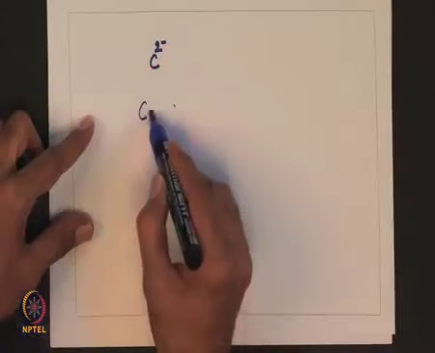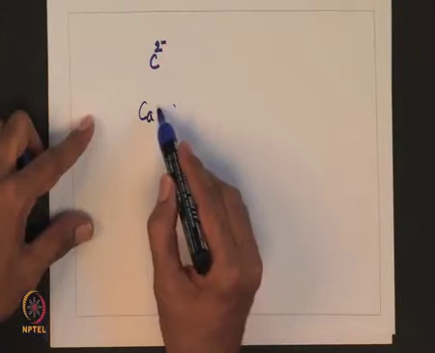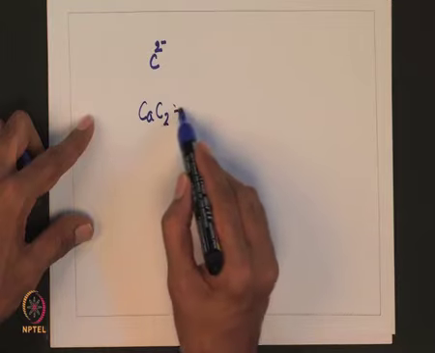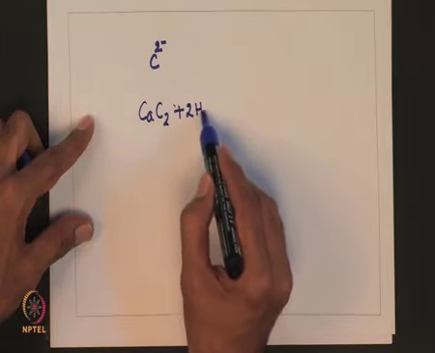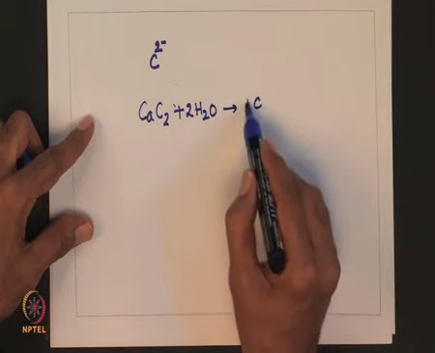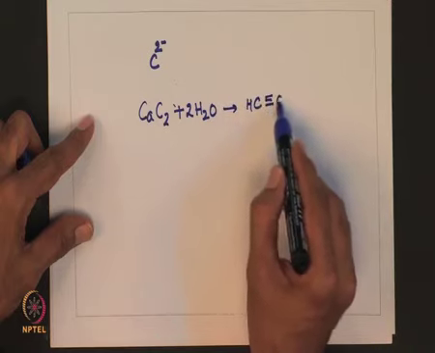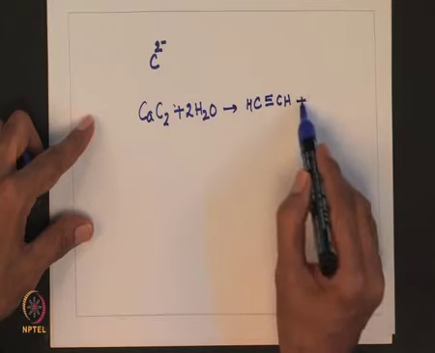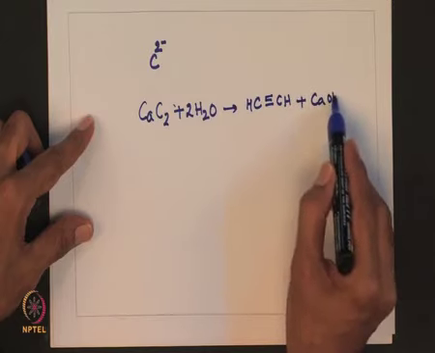Let me repeat those reactions again here. Take calcium carbide and treat with 2 equivalents of water, it gives acetylene and calcium hydroxide will be formed.